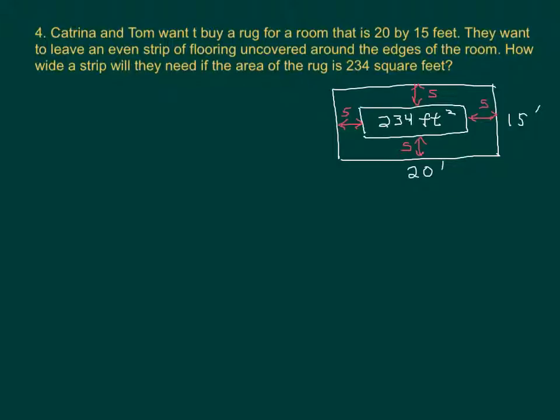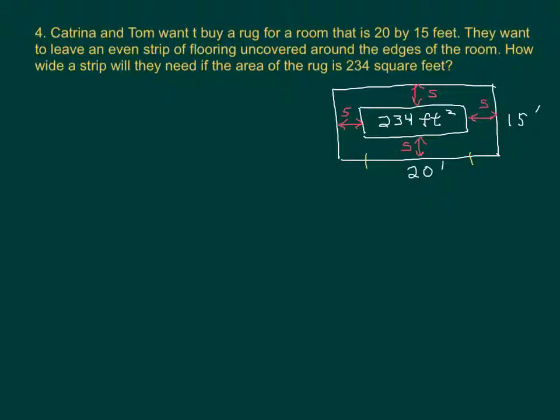So what are the length and width of the rug? We aren't told what they are, but we do know that they are smaller than the room length and width. So let's look at the room length. This is the whole length of 20 here. And then we subtract this strip here and this strip here.